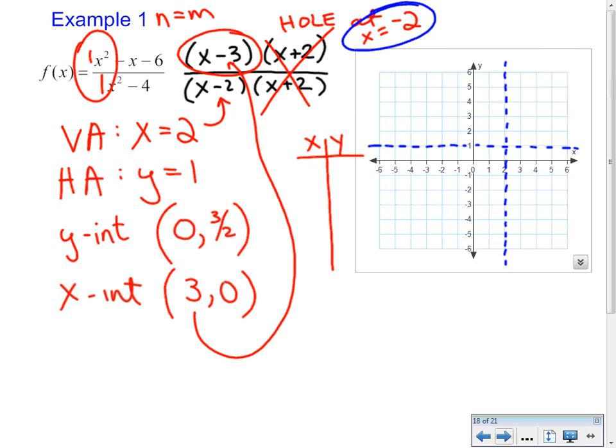At 0, we're at 1.5, so we're above the scale there. There's an x-intercept right there. Believe it or not, I don't really need to make much of a table. I could put in 1, and we get 1 minus 1 minus 6, so negative 6 over 1 minus 4, negative 3.